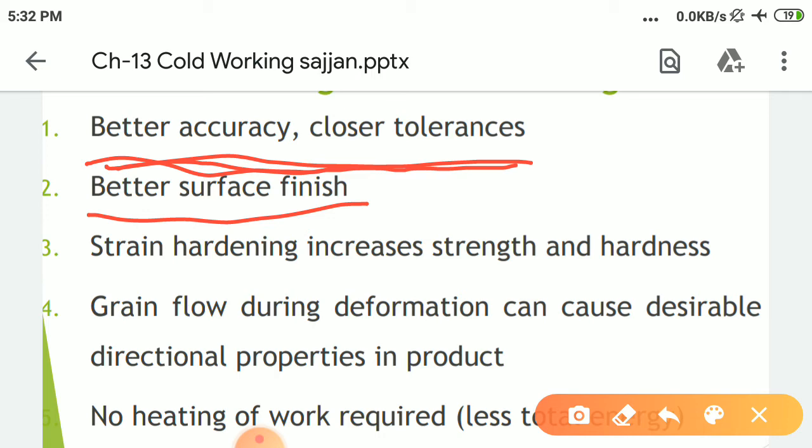So in case of cold working the surface finish will be retained. You can remember this point like this.